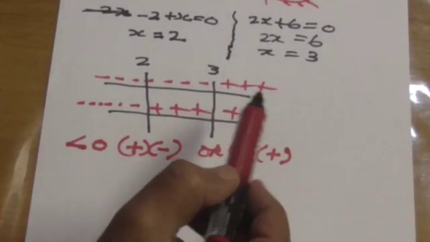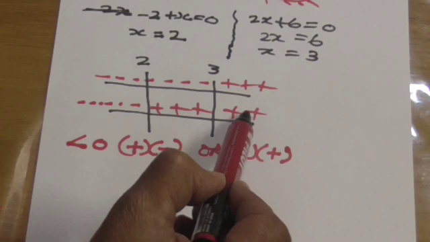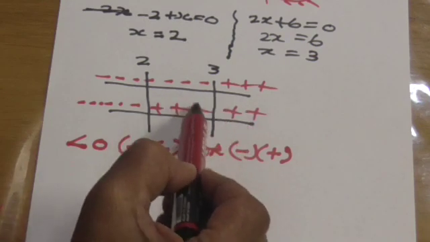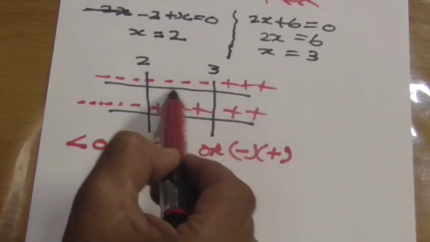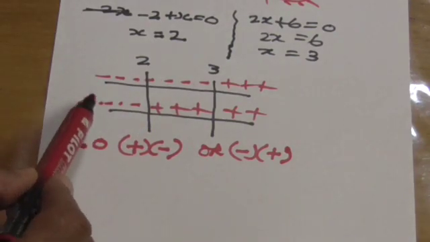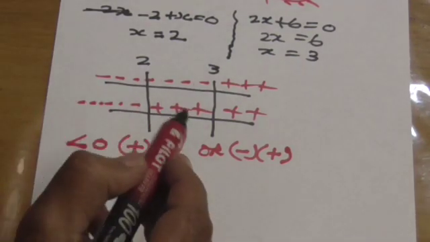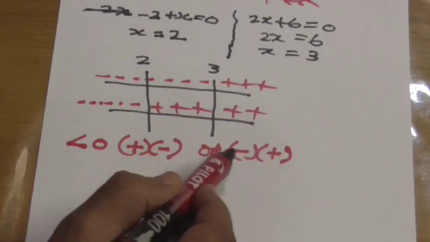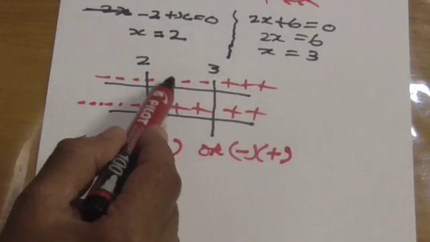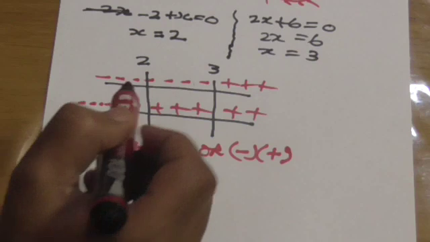So when we look at this table, this is plus times plus. This is plus times minus here in this section. This is minus times minus. So we're looking for plus times minus or minus times plus. So really, it's only in this section.